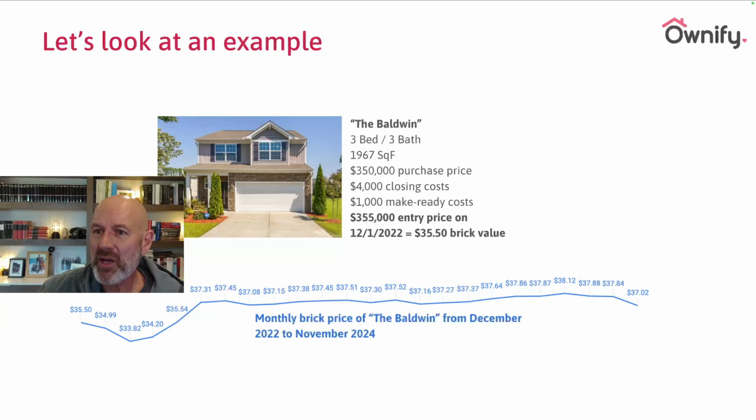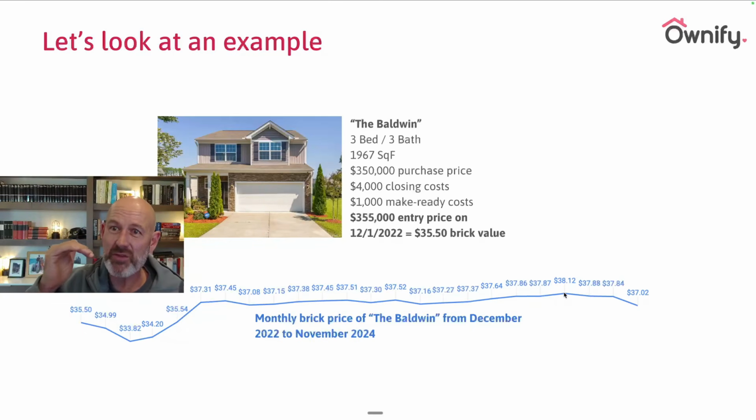So, they make a fixed monthly payment and buy a certain dollar value of bricks every month, which really means that when the value of the bricks is slightly lower, like right here, $33.82, they buy slightly more bricks. And when the value of the home goes up and they're buying bricks at $37 or maybe even $38 over here, the value of the home has increased and they're buying at a higher price, which means they're buying slightly fewer bricks.